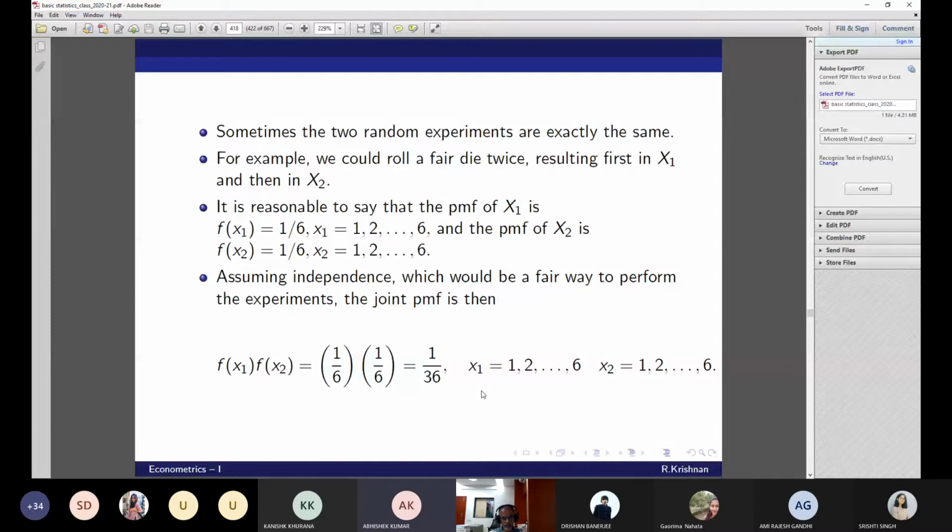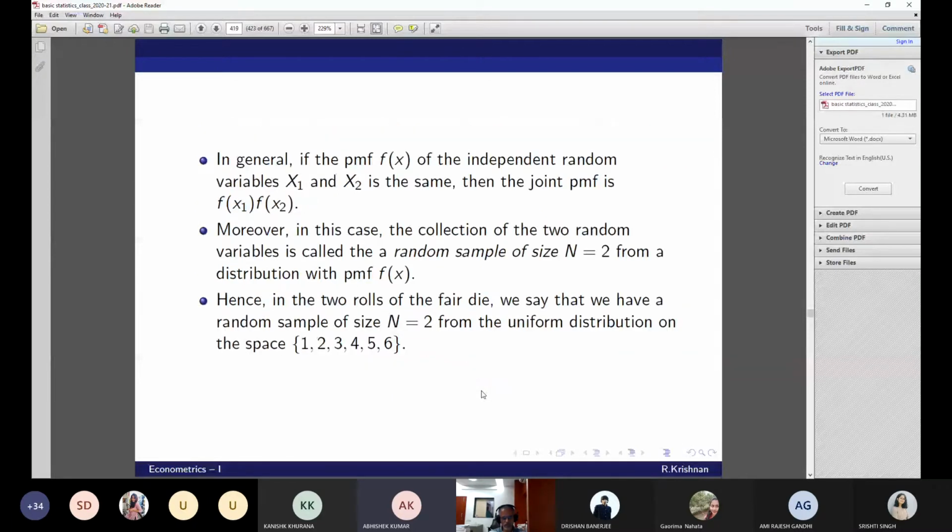The result of rolling a fair die twice gives x1 and x2. Then we call this a random sample of size n equal to 2. So for the two rolls of the fair die, we say that we have a random sample of size n equal to 2. Same random variable, one experiment conducted twice, gives a sample of size n equal to 2, from the uniform distribution.